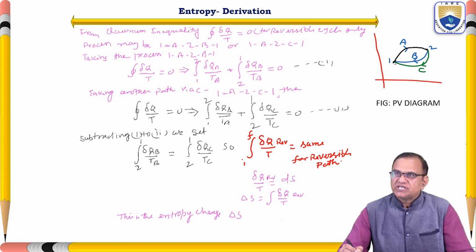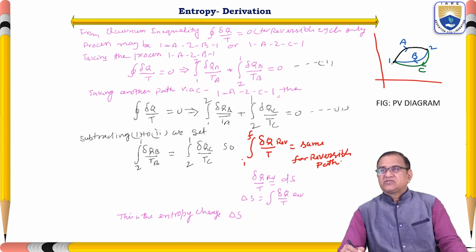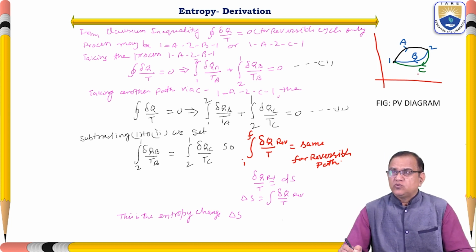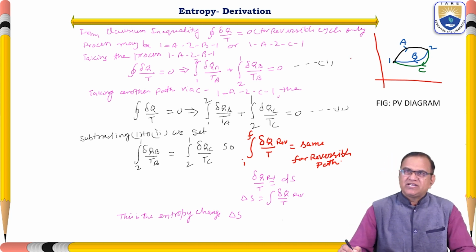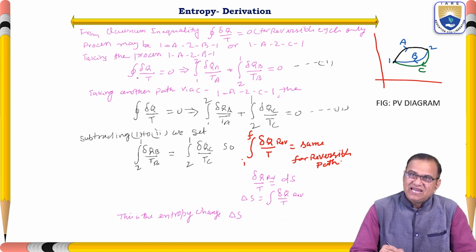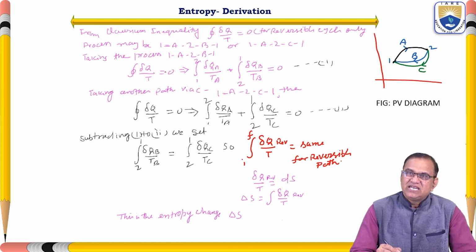Here, if you see, one process goes from 1 to 2 via a and returns from 2 to 1 via b. Another process goes from 1 to 2 via a and returns from 2 to 1 via c. Both are reversible processes.